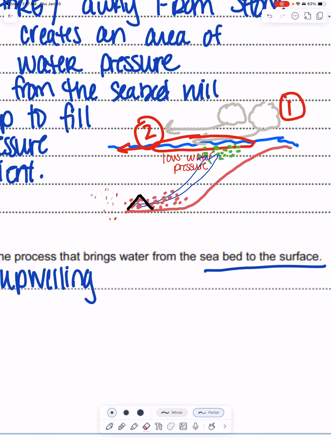So you have your bottom currents, those deep water currents, remember they move from thermohaline circulation, so that's all density based. But water needs to go past it. It can't go under it, it can't go through it, and so it gets deflected up. And that is another form of upwelling.